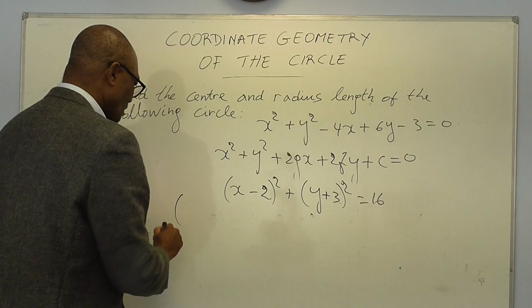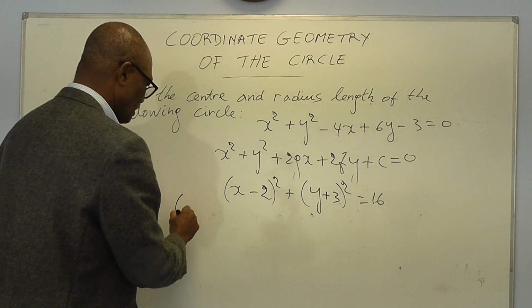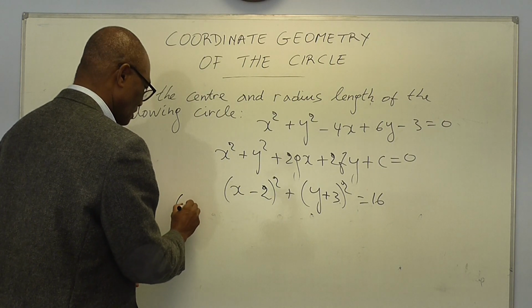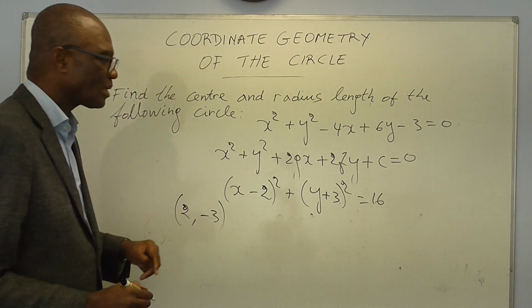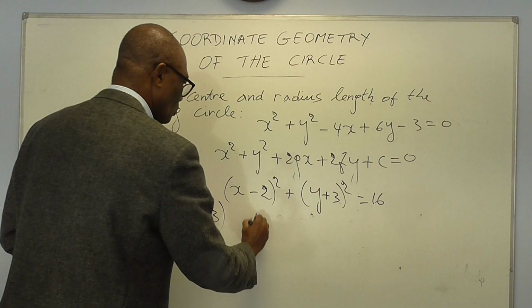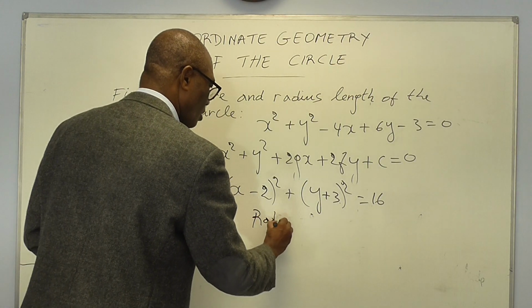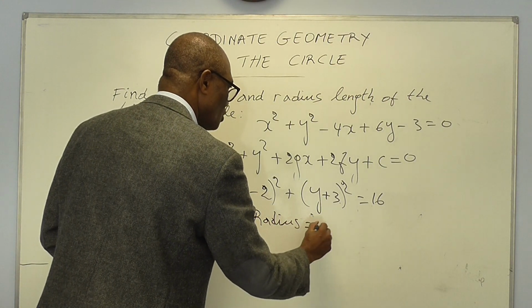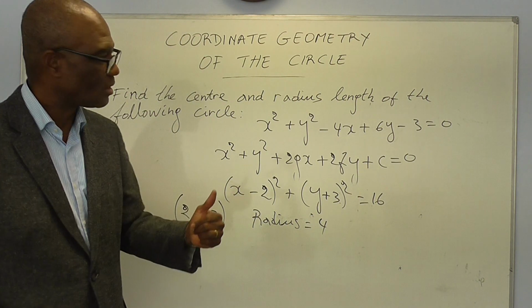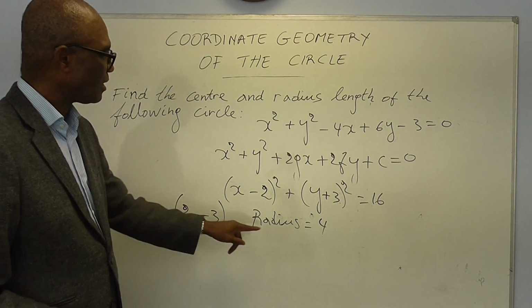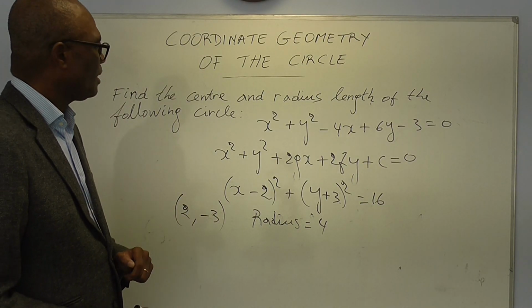The center was 2, minus 3. That was the center. And the radius was 4. Okay, the center is there and the radius is there.